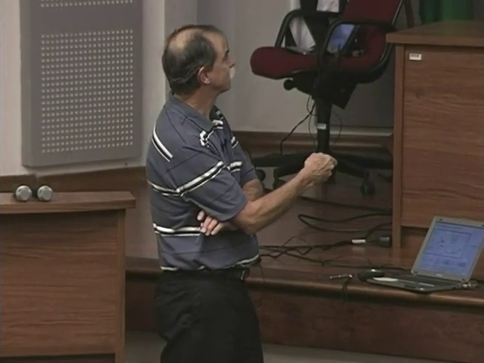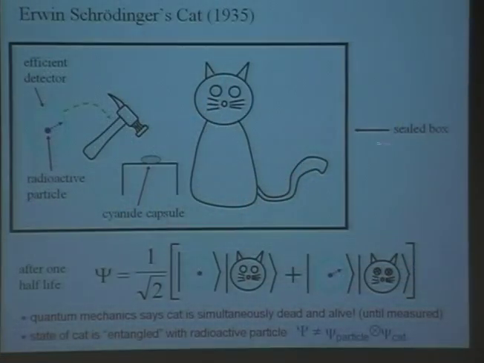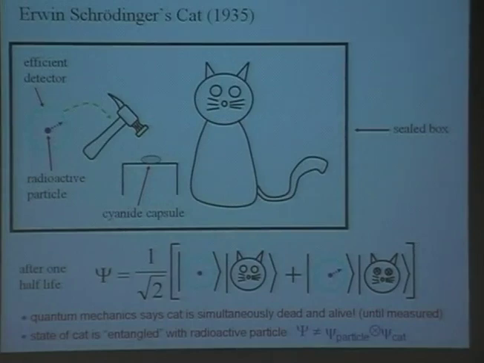So just to recall, the example of Schrödinger's cat was, suppose you had a sealed box here, and that's important in the end, but we'll assume that we have an isolated system, this cat in this box, and also in the box is, say, a single radioactive particle, and there's some mechanism that if the particle decays, then it triggers a mechanism which releases poison and kills the cat. Of course, it would be tough to do this, but in principle, we could write down the equations of motion of this system.